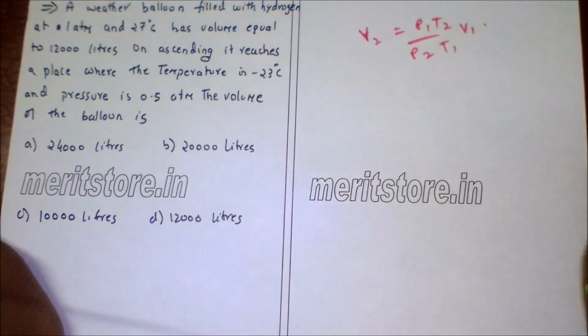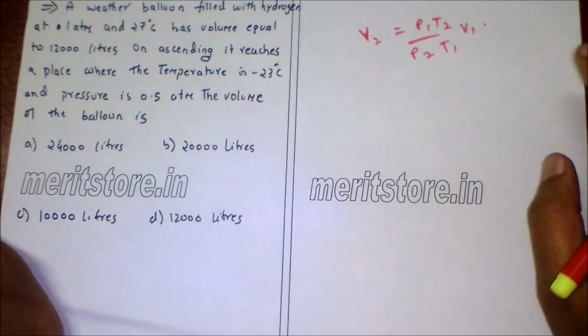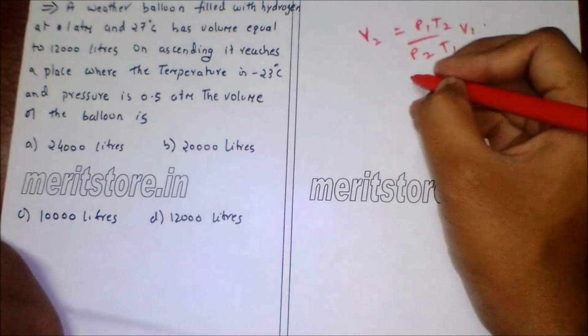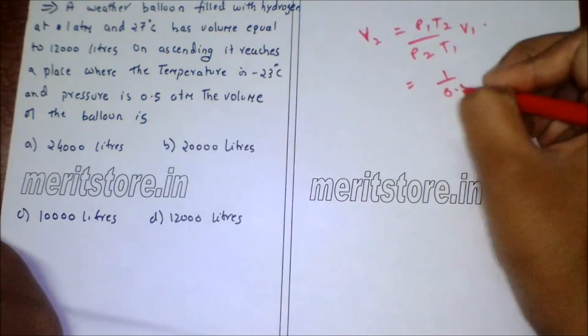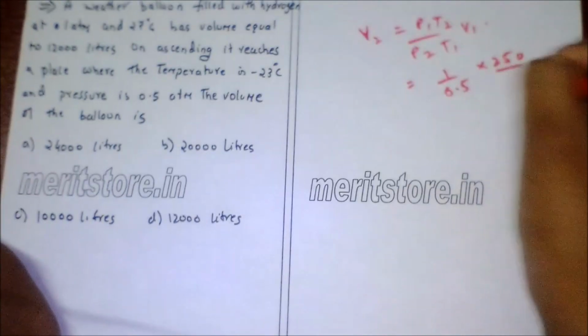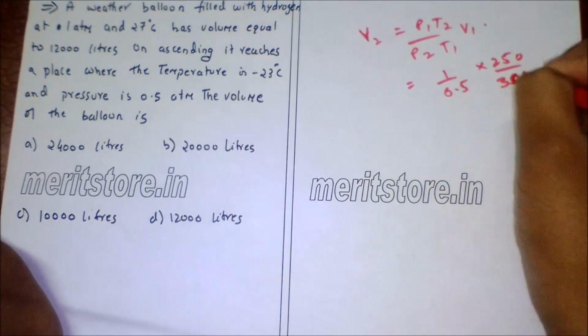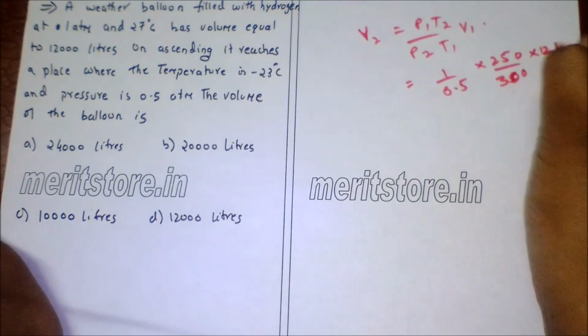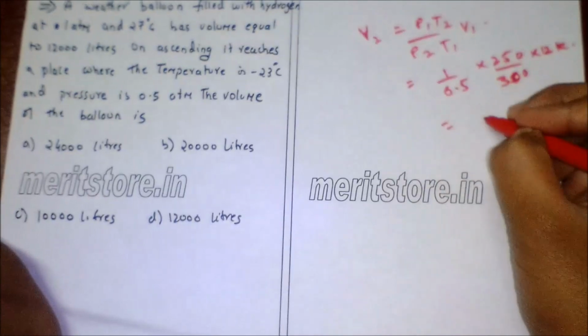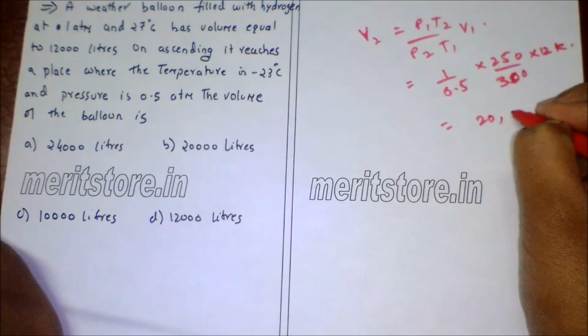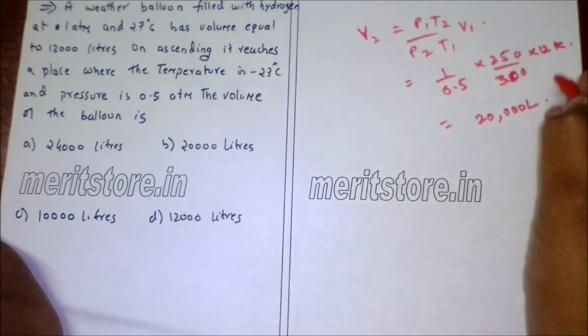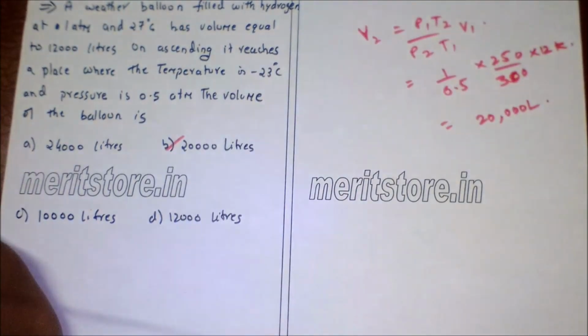So volume is directly proportional to temperature, inversely proportional to pressure. So substituting the values into 12,000 liters, this comes out to be 20,000 liters of volume. So option D is the correct answer.